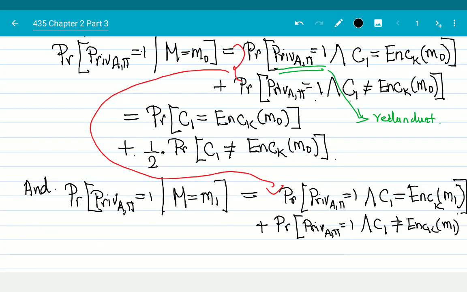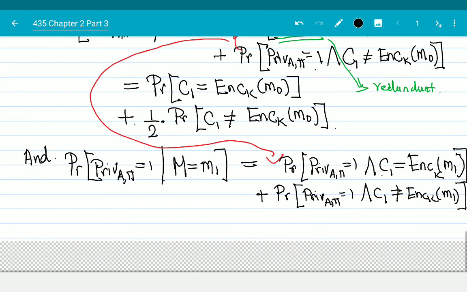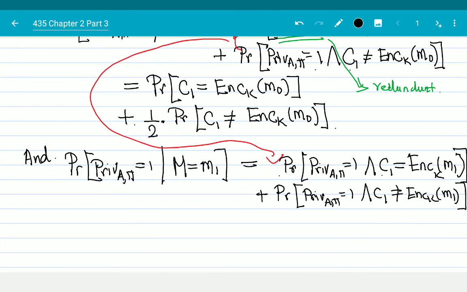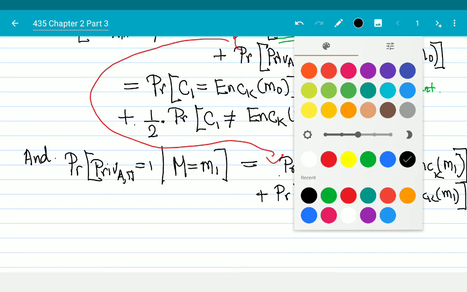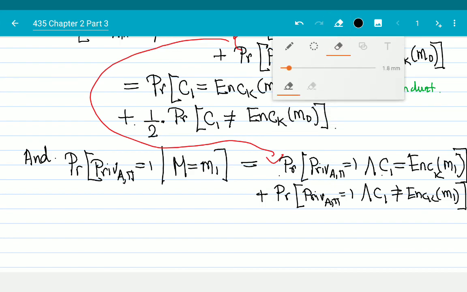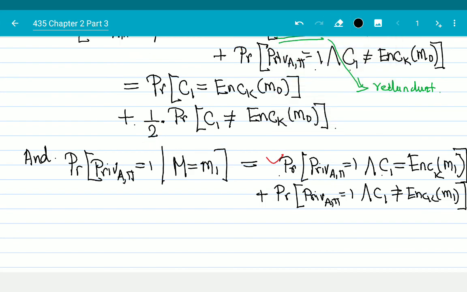Now, if the ciphertext is C1, we are never going to guess that the bit is 1. We are always going to guess 0. So the probability of the first case is now, in fact, 0.